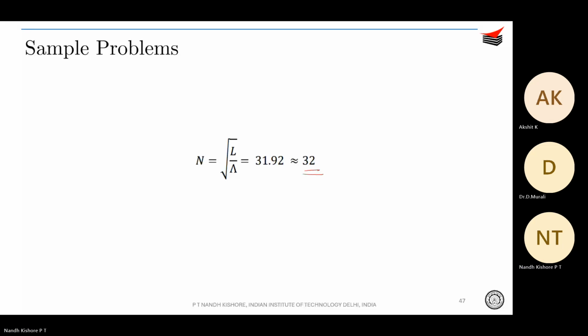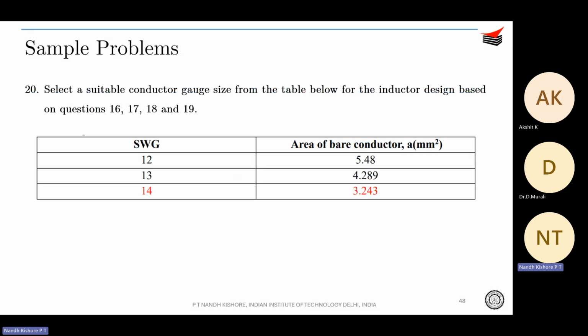The last question is to find out the wire gauge size. Three wire gauge sizes are given, highlighted in red. What do you do for finding out the wire gauge size? You compute AW and ensure that KW AW is larger than N into small AW.